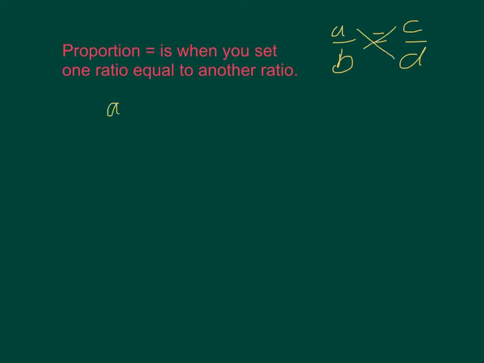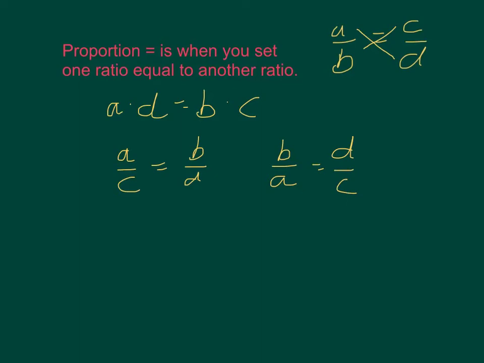The first and most popular is going to simply be cross products. A times D is going to equal B times C. Another way to write that same proportion would be A over C equaling B over D. All right. A third way to write it would be B over A equaling D over C. As you can see on both of these, your cross products still give us what we had here.